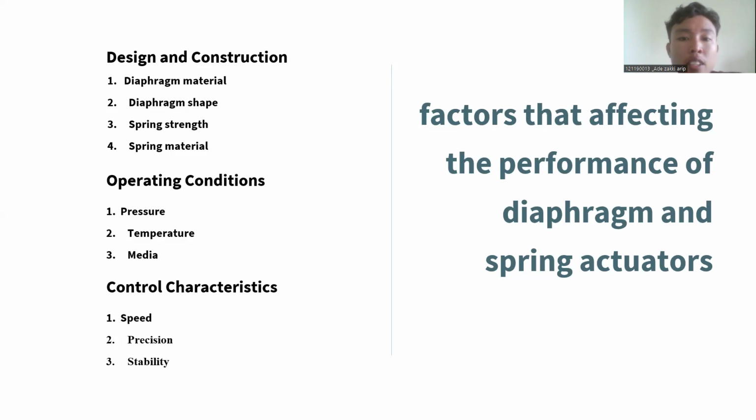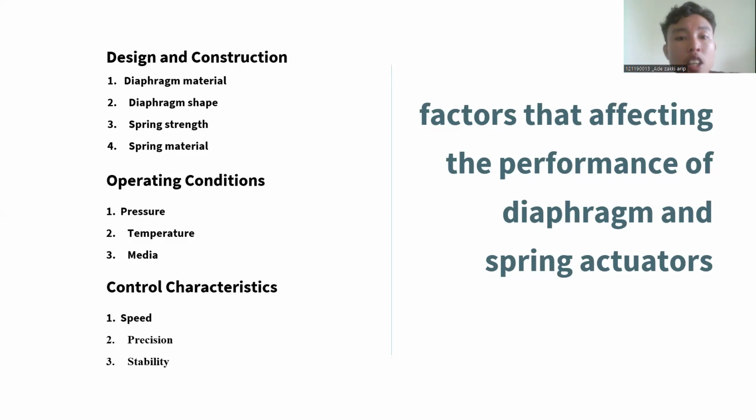Extreme temperature can cause the diaphragm to stiffen or the spring to lose its elasticity. Next is media. Media in contact with the diaphragm can affect wear and corrosion. Aggressive media can shorten the life of the diaphragm.